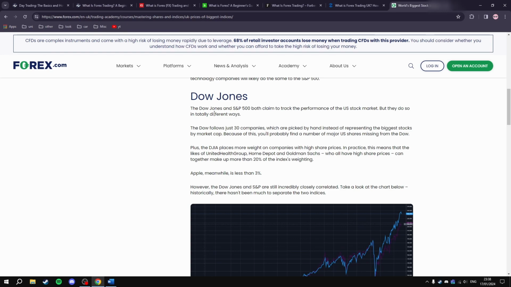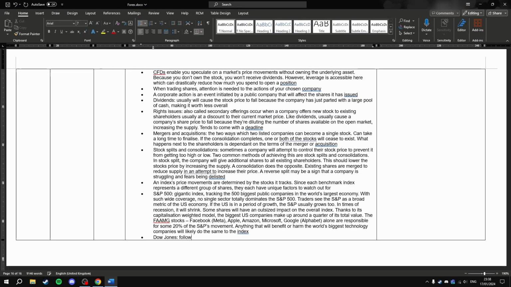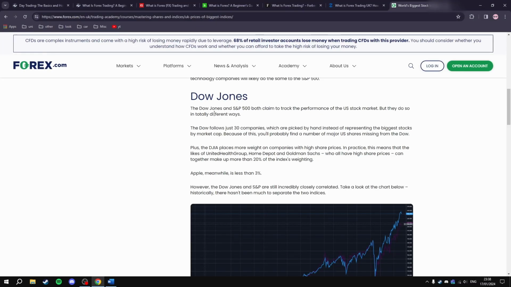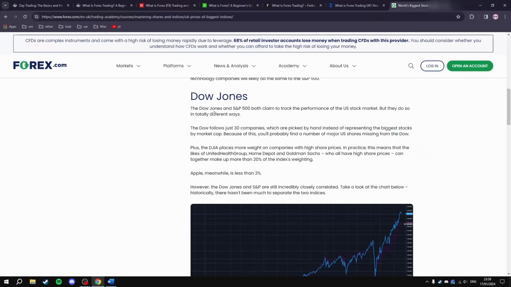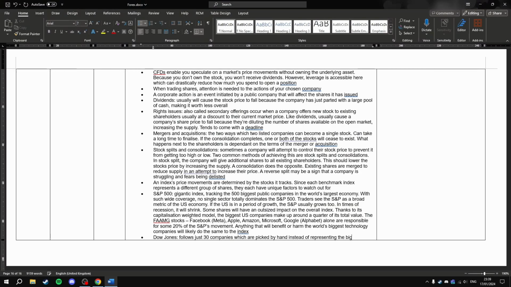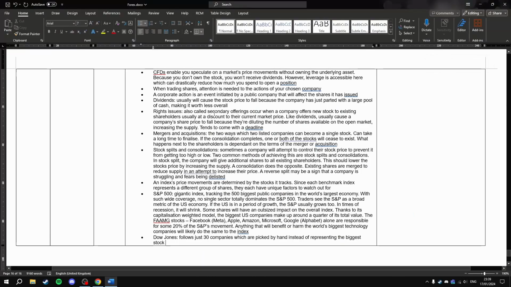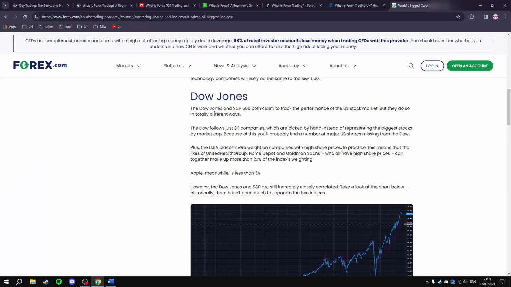The Dow follows just 30 companies, which are picked by hand instead of representing the biggest stocks by market cap. Because of this, you'll probably find a number of major US shares missing from the Dow.